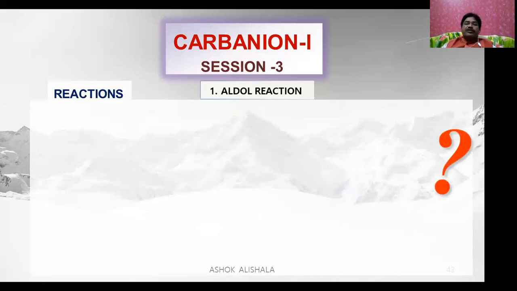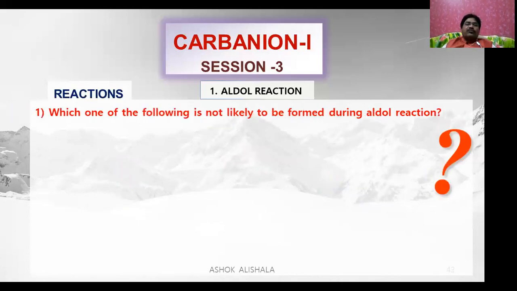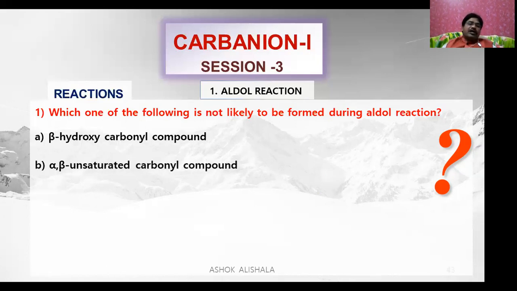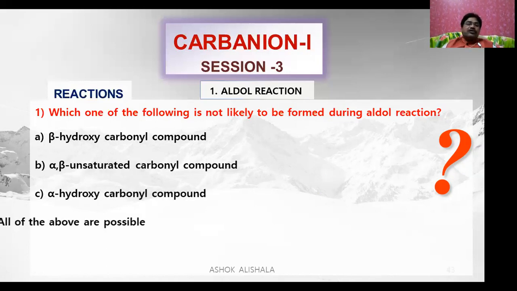Now let us go for another question. Which one of the following is not likely to be formed during the aldol reaction? A beta hydroxycarbonyl compound, an alpha beta unsaturated carbonyl compound, an alpha hydroxycarbonyl compound, or all of the above are possible.